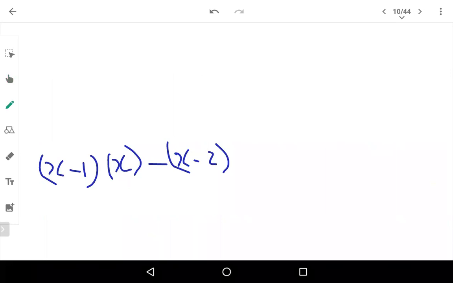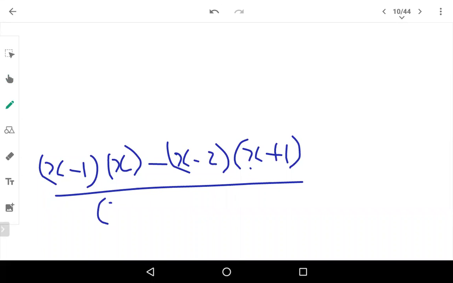So we had x minus 1 into x minus x minus 2 into x plus 1 divided by x minus 2 into x minus 1. This was one side. And the other side we will take later.